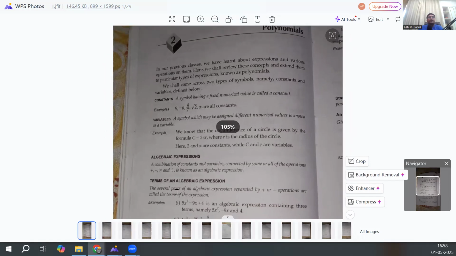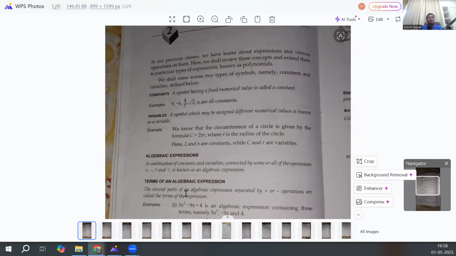Now, terms of an expression. The several parts of an algebraic expression separated by plus or minus operations are called the terms of the expression. For example, 5x squared minus 9x plus 4. It's a combination of constant terms and variable terms. What are the constant terms? 5, 9, and 4.